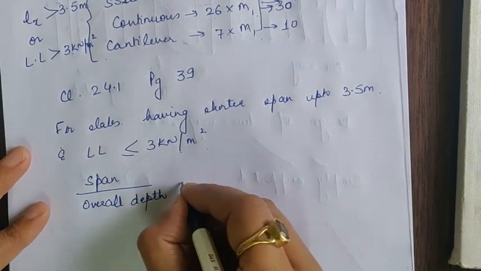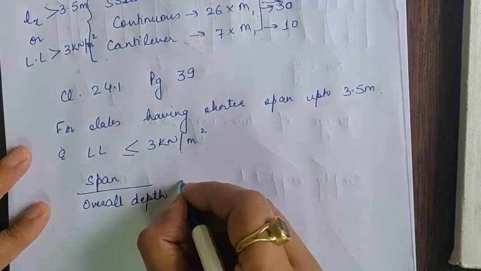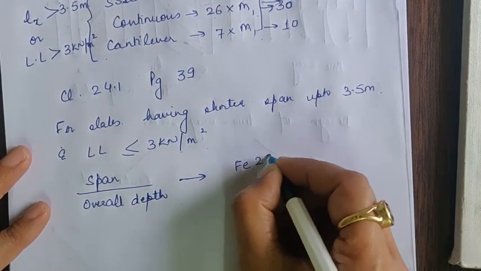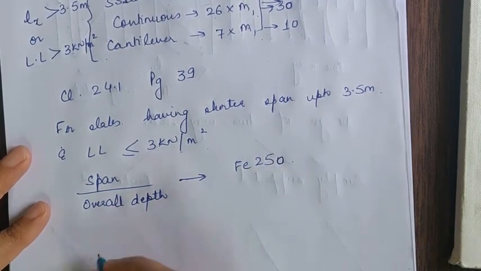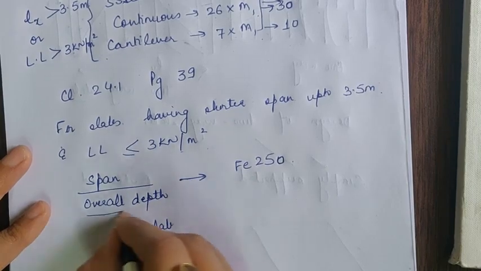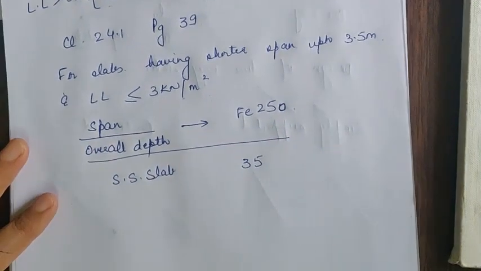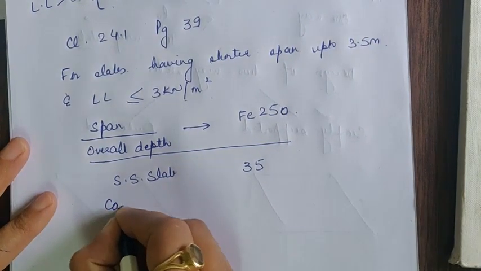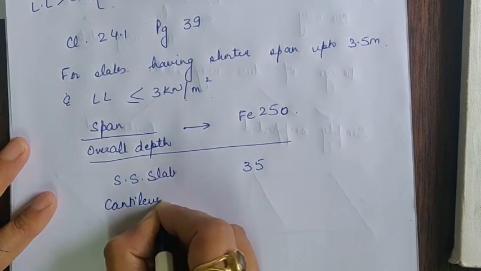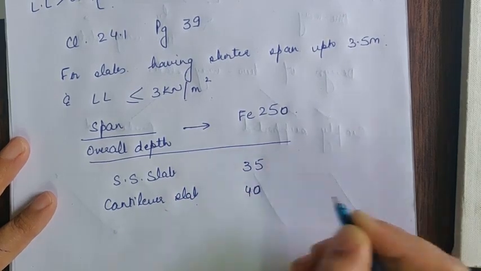Span to overall depth ratio is taken for Fe 250: if I am having a simply supported slab, this value is taken as 35. If I am having a cantilever slab, this value is taken as 40.